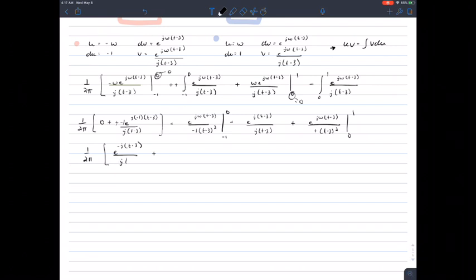Whoops, that would have been bad. j(t minus 3), plus, this is going to give us 1. Okay, so plus 1 minus e to the negative j, oops, there's no more omega left, negative j(t minus 3).